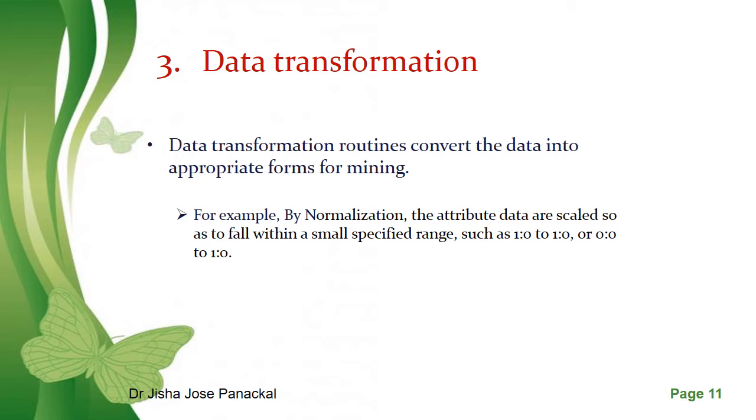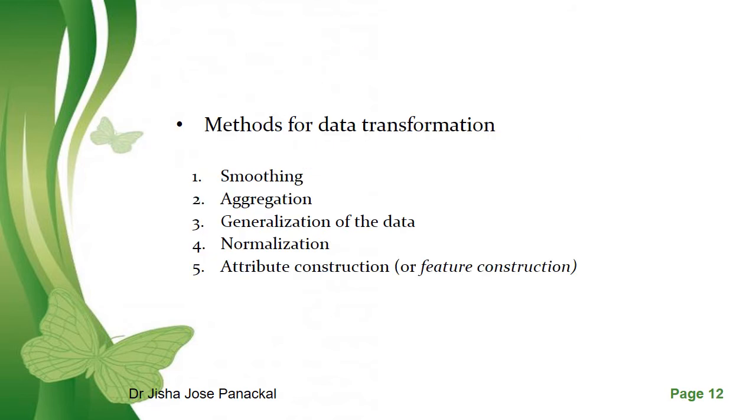That can be possible. So this is the kind of data transformation. If we need such scalability change, or we have to change the scaling of the data, we can go for this transformation. There are several methods for data transformation.